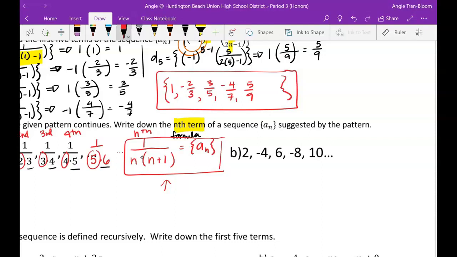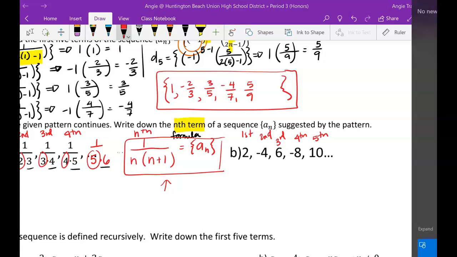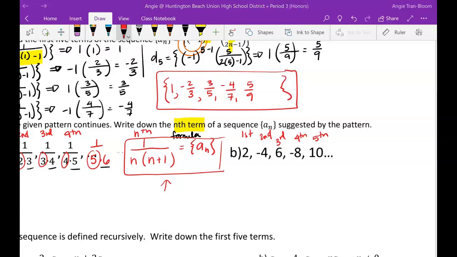All right, this one. Same thing, I'm going to start: first term, second term, third term, fourth term, and 5th term. Right now, I don't see much, but I do see that one is positive and one's negative. Anytime you see something like that, that means you have a negative 1 in the equation. So let's think about that.